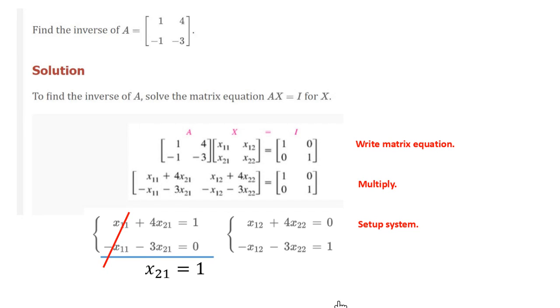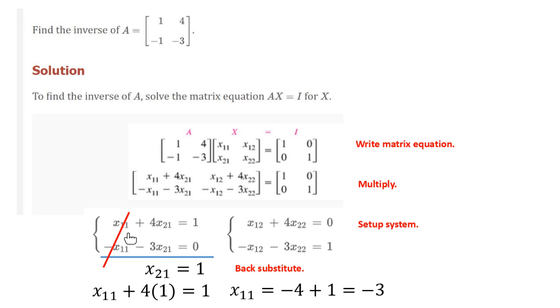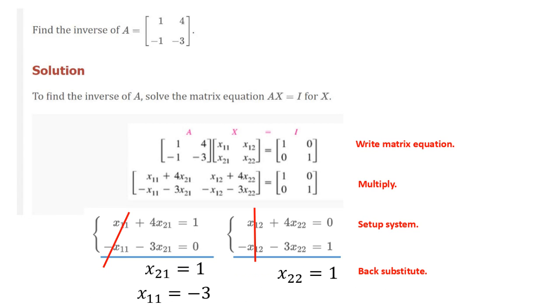Okay, so now we're going to do the same. We're going to back substitute because we need to find out what x11 is. So if I back substitute, I'm going to use the first equation, x11 plus 4 times x21. x21 is just 1, and then equals 1. So if I solve, subtract 4 on both sides, and we get that x11 is equal to negative 3.